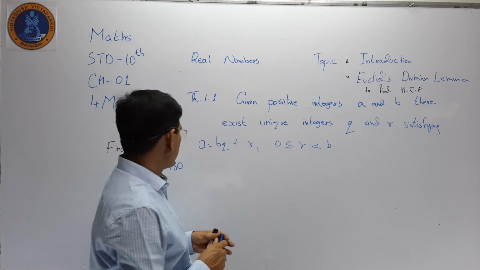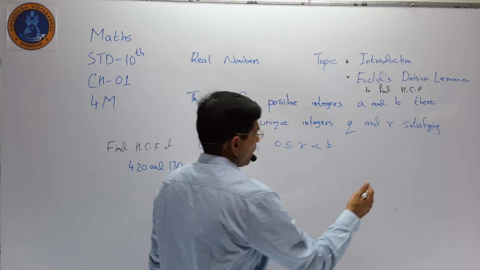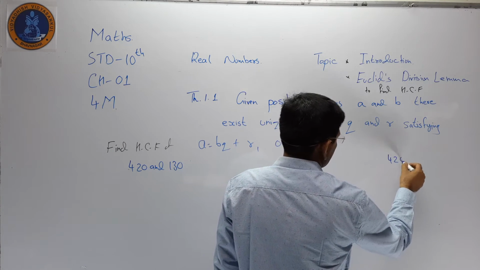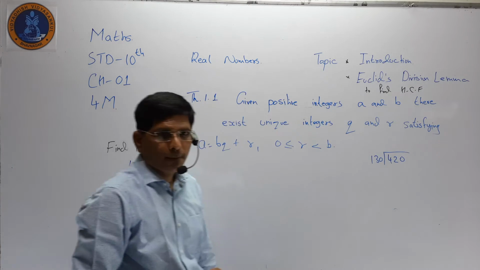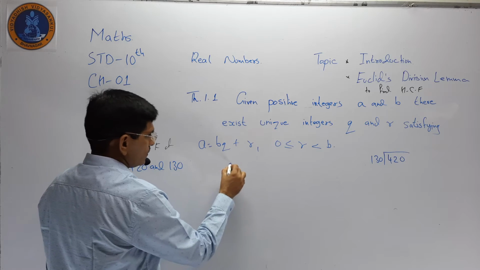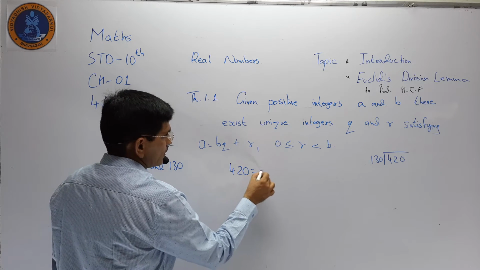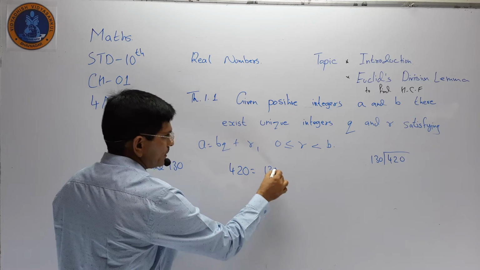So first step, what do I have to do? Again, I have to write 420 divided by 130. What do I have to write here? 420 is equal to 130.